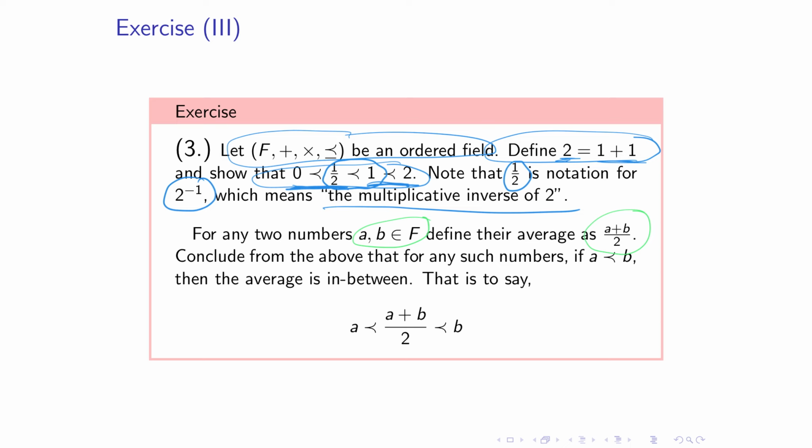Now, what you are to show is that if A precedes B, then the average is in between, which is to say that A precedes the average and the average precedes B.